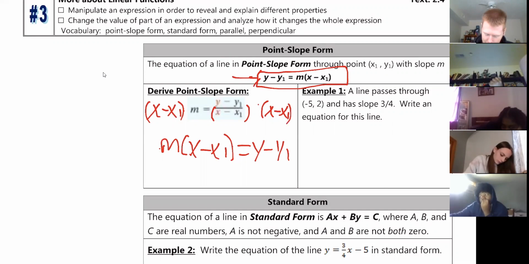All this is trying to show you is that this formula, y minus y1 equals m times x minus x1, just comes from the slope formula.